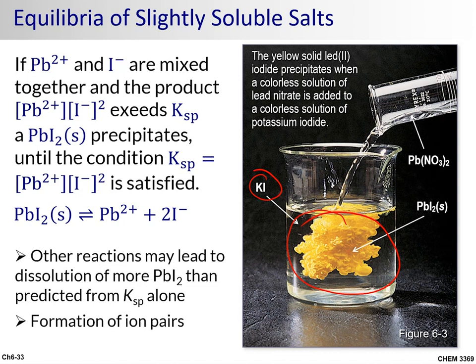But most salts form soluble ion pairs to some extent. Okay, so the ion pairs will always be formed in the solution. However, if the concentrations of the ions are very, very small, the concentrations of the ion pairs will also be small, and it will not affect our measurements.